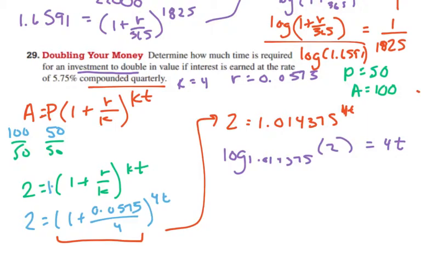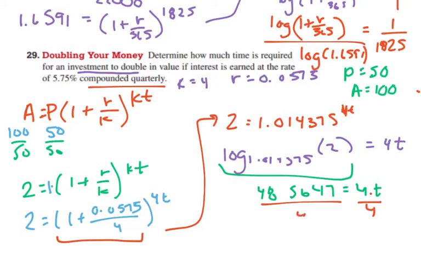So this left side becomes a decimal, and that decimal is 48.5647. And so to solve, we divide by 4, and we get 12.14. And we are talking about t, so probably years.